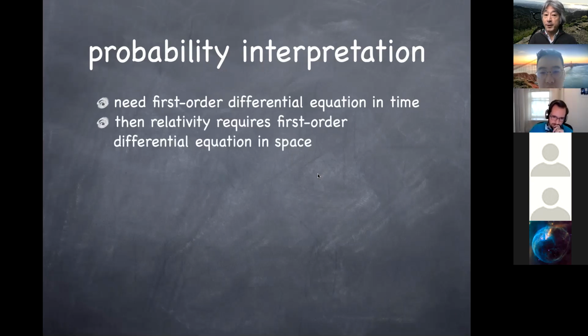So it has to be a first order differential equation in space as well. So the Schrödinger equation doesn't work because it's a second order differential equation in space, because it comes with p squared over 2m, and p is the derivative operator in space. So you need to come up with a different equation now, which is both first order in time and first order in space.